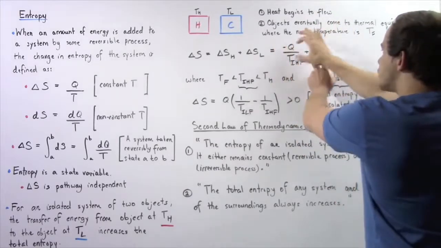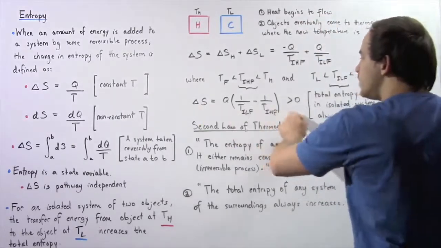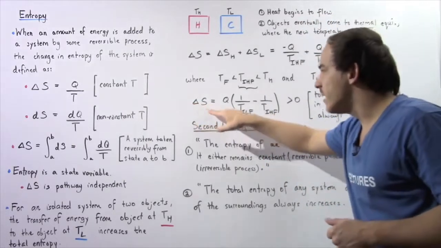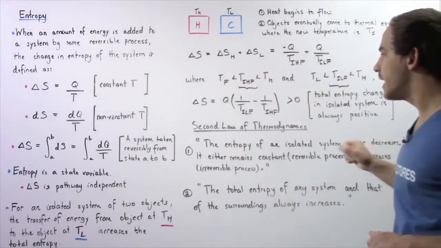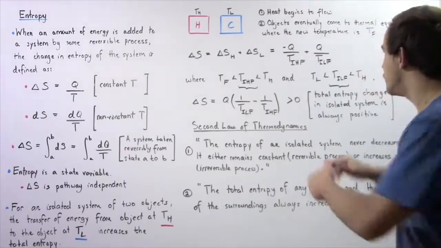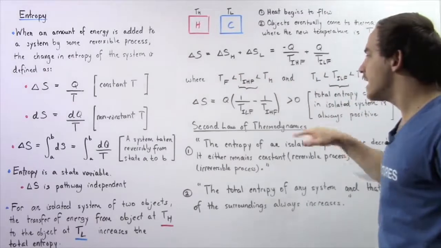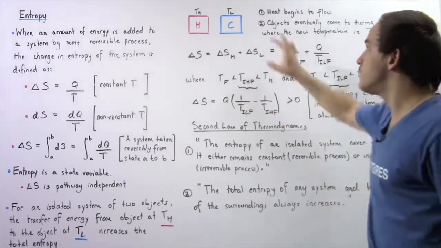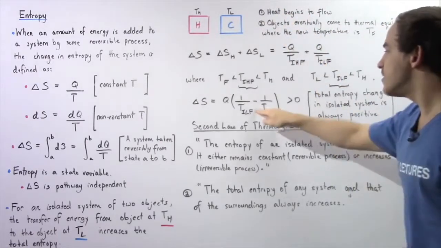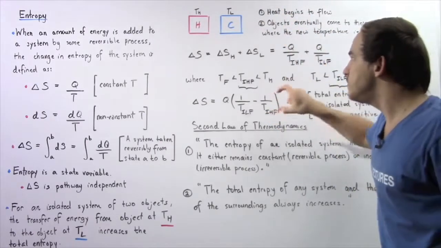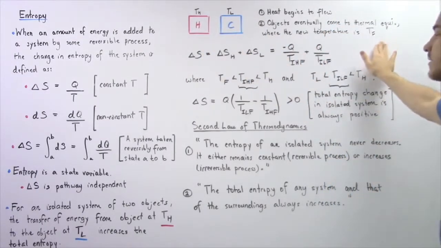So let's rearrange this equation, and let's take out the common term Q, and we get the following result. The delta S, our change in entropy, is equal to Q multiplied by the difference of two fractions: 1 divided by the intermediate temperature of this object between the final temperature and the low temperature, minus 1 divided by the intermediate temperature of this object between the high temperature and the final temperature.